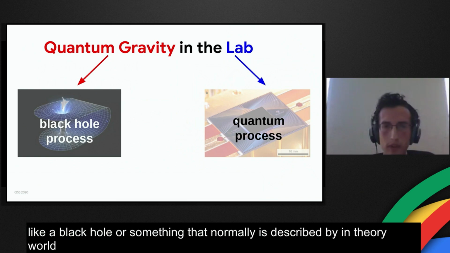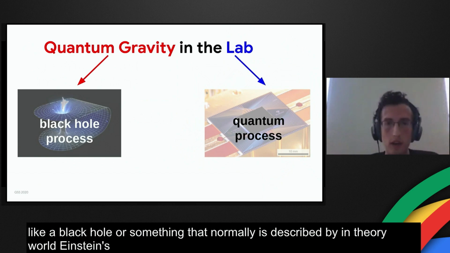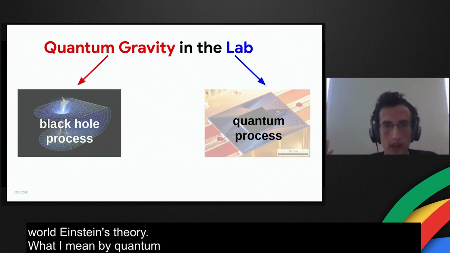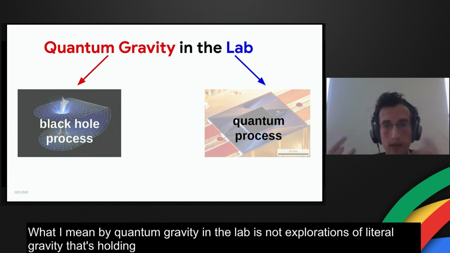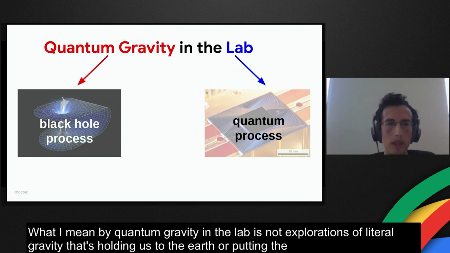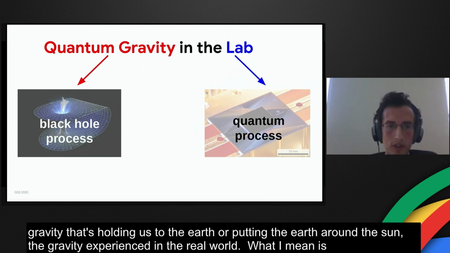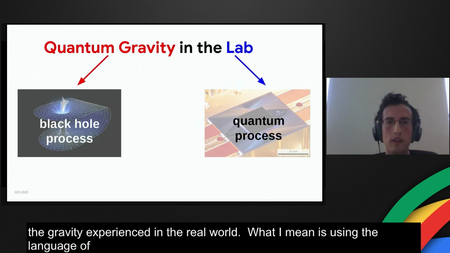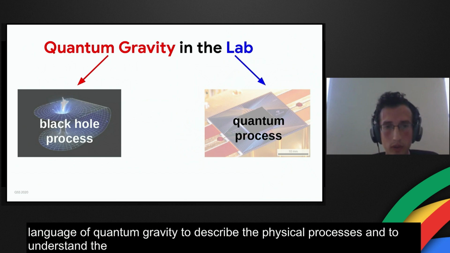What I mean by quantum gravity in the lab is not at all explorations of the literal gravity that holds us to the Earth, or keeps the Earth around the sun, the gravity we experience in the real world. What I mean is using the language of quantum gravity to describe and understand the physical processes that would happen on the quantum computer.